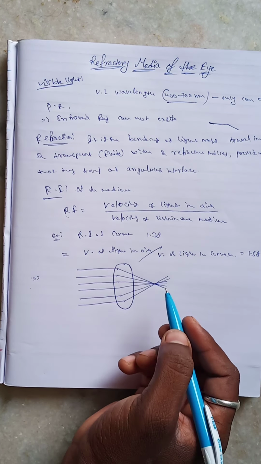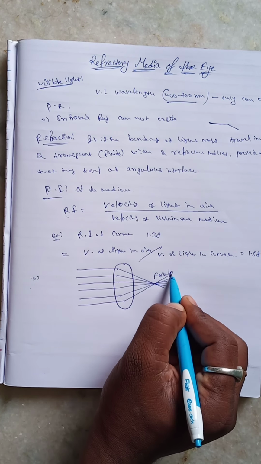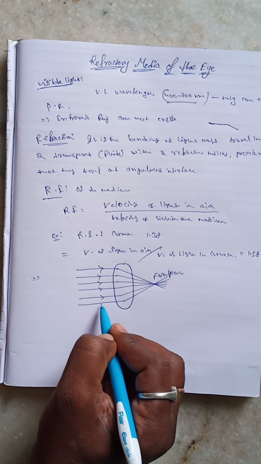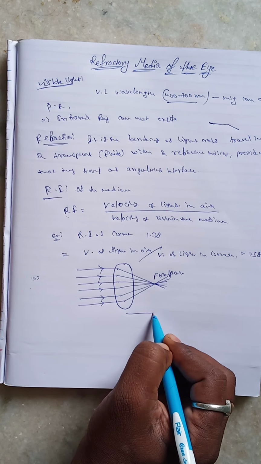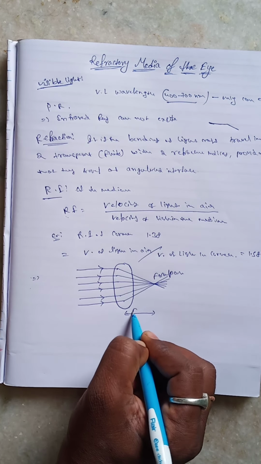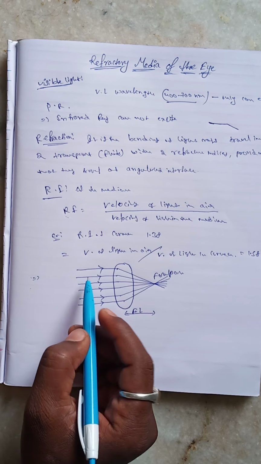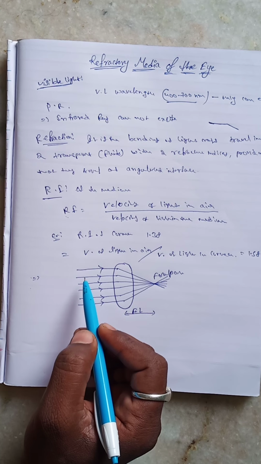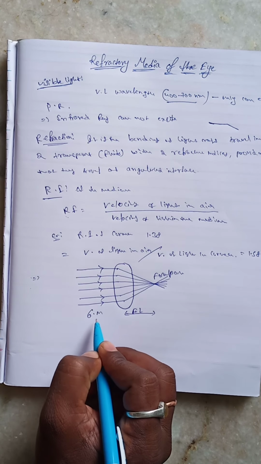This is the focal point, and the distance from here to here is called the focal length. Parallel rays come from a distance greater than 6 meters.